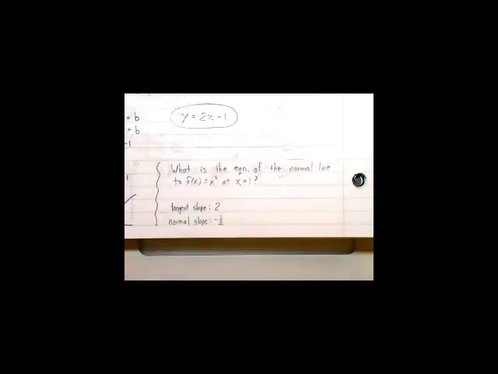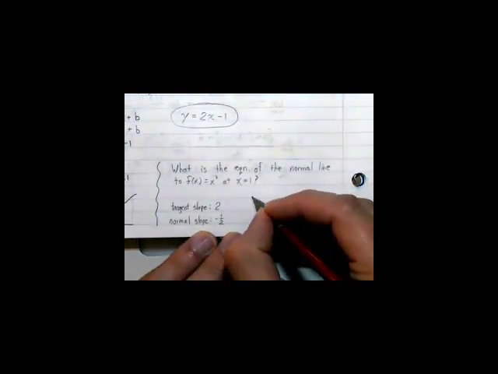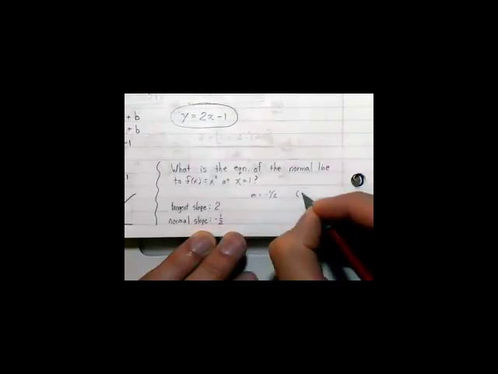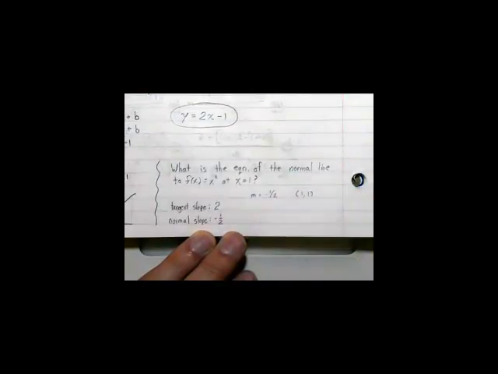And again, don't we still have a point it goes through, right? The tangent and the normal both go through that same point. So we use the point 1, 1 in getting the equation of the tangent, so let's use the point 1, 1 again to find the equation of the normal. So we're looking at an m of negative 1/2, a point 1, 1, okay?